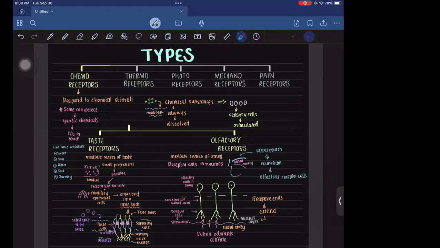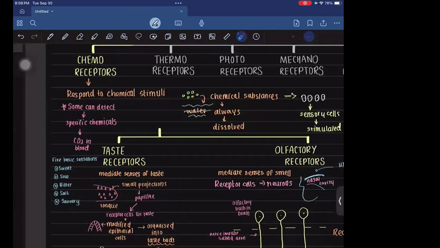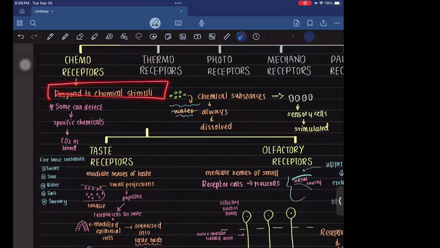Okay, so starting off with chemoreceptors, listen carefully. Chemoreceptors will be responding to chemical stimuli. That means certain chemicals from the internal or external environments. That is what they will be responding to. Chemo means chemicals. But remember, whatever the chemical substance is, it should always be dissolved in water so that the sensory cells can get stimulated.